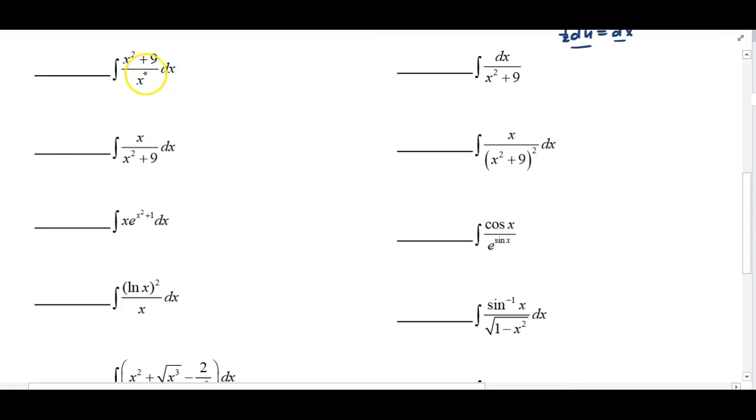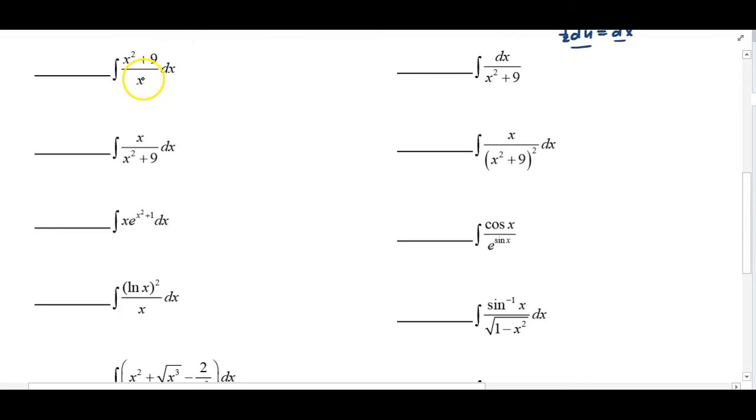First question, is there a general antiderivative? Can I go straight from something that looks like x squared plus 9 over x and tell you the derivative of blank equals this integrand? No, there is no general antiderivative.